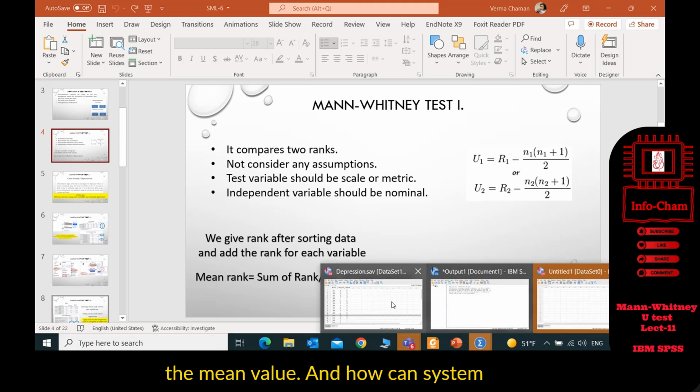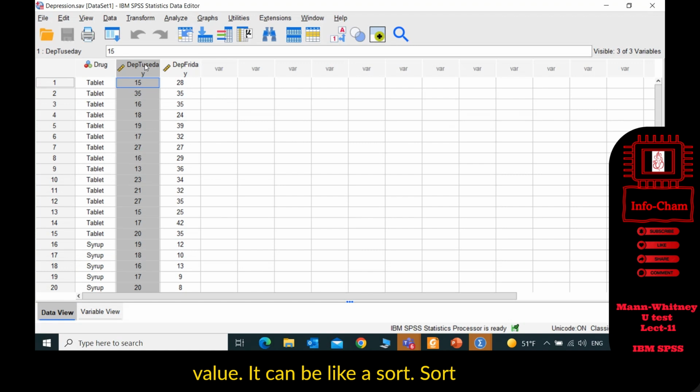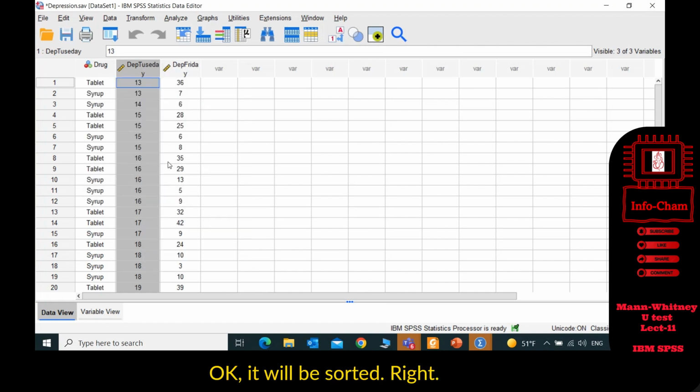And how can the system calculate the rank? So suppose this is a value, it can be sorted, sort ascending, right? Okay, it will be sorted, right? So what it will do, it will give the rank like 1, 2, 3, 4, 5, 6, something like that. And then they can sum all the ranks, sum of the rank, right? Like a weight.